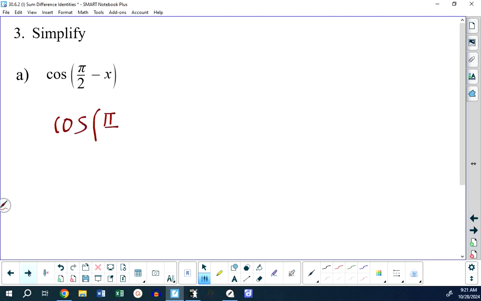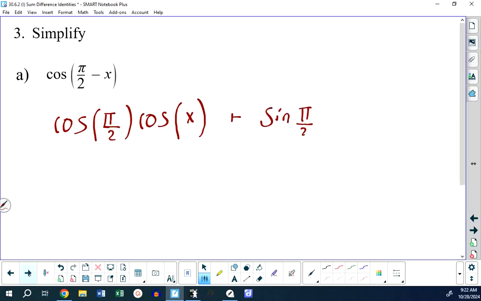We use the difference identity for cosine.